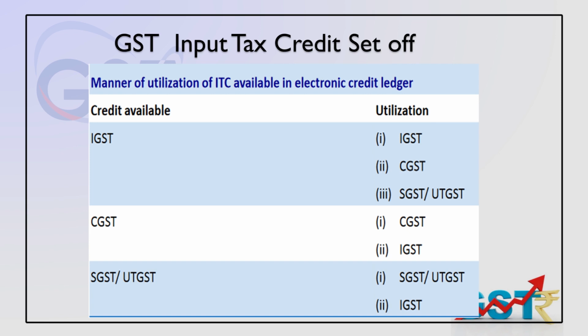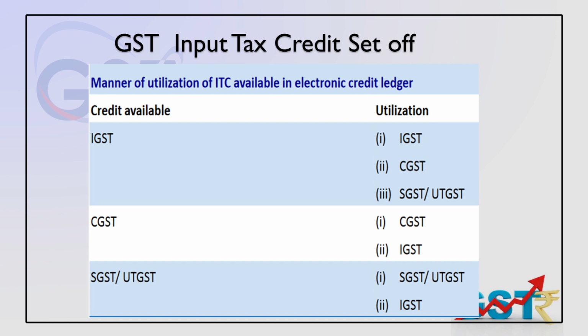When all these things merge into GST, the credit of VAT law and the unavailed credit of CENVAT law all came into the GST, and the GST law also permitted that this carry forward of the credit should be eligible to be taken in the GST era.